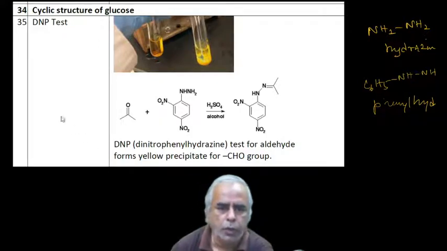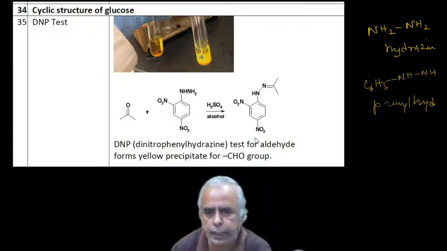Now, when you have got dinitrophenylhydrazine, dinitrophenylhydrazine means in phenyl there is one nitro group and another nitro group. I hope now you should be able to understand this DNP. Is it clear now? So I have got the C6H5 group where I have got two nitro positions, dinitro, then phenyl, then hydrazine.